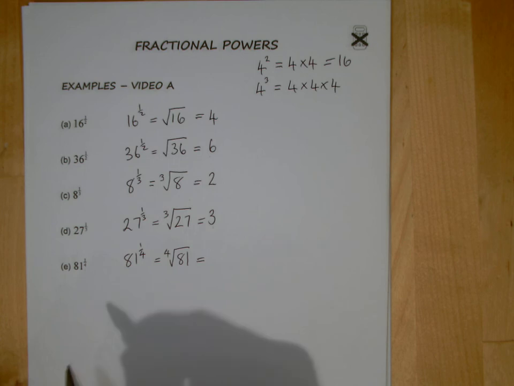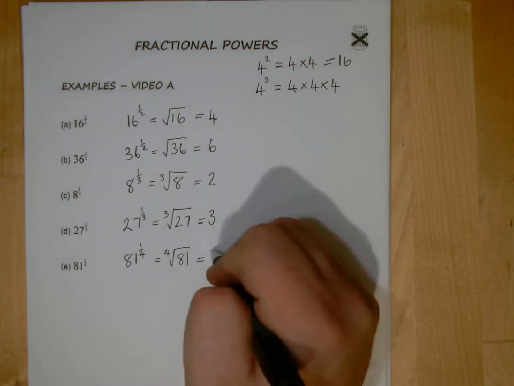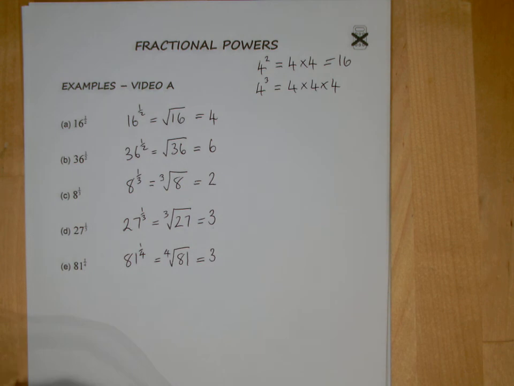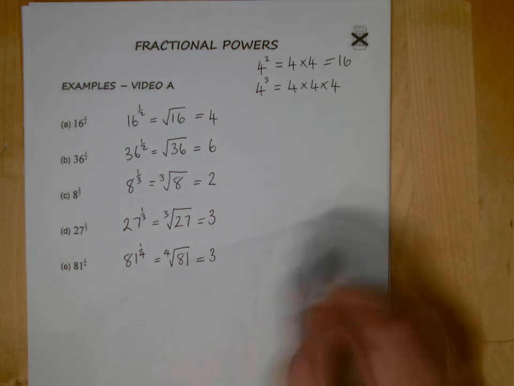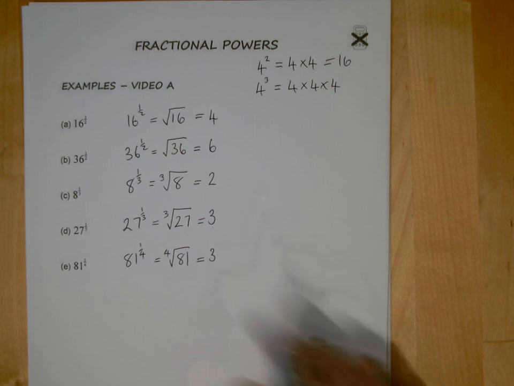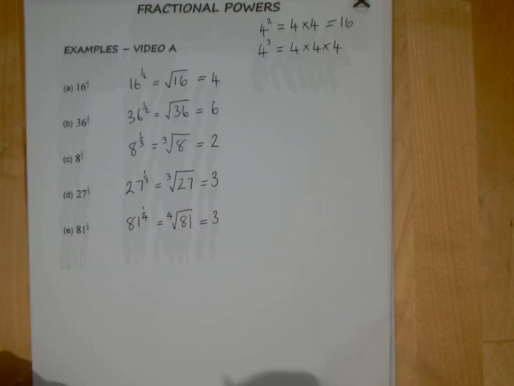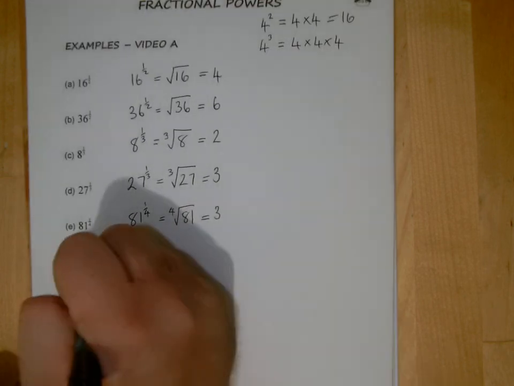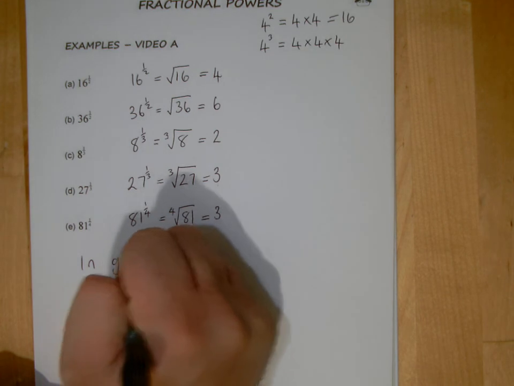It's got to be fairly low again, and actually the answer is going to be 3, because 3 times 3 is 9, times 3 is 27, times 3 is 81. If you're not sure, you can always just try a few calculations to work out what that would be.